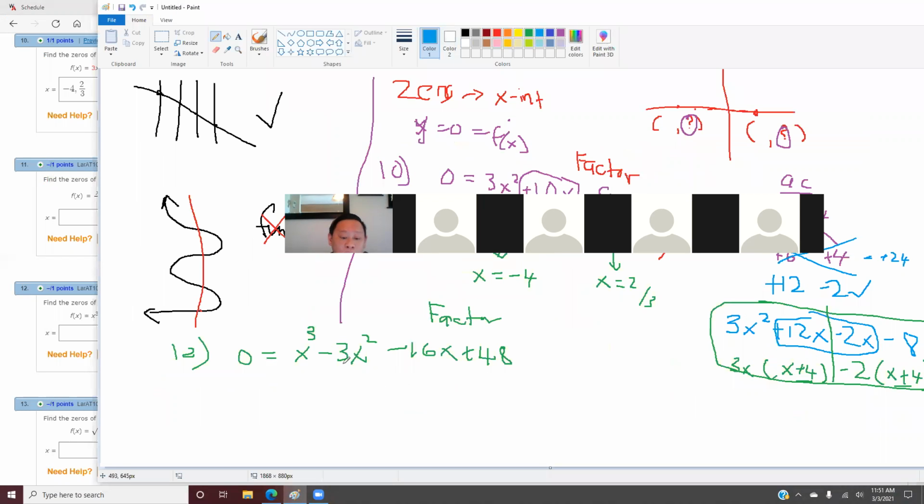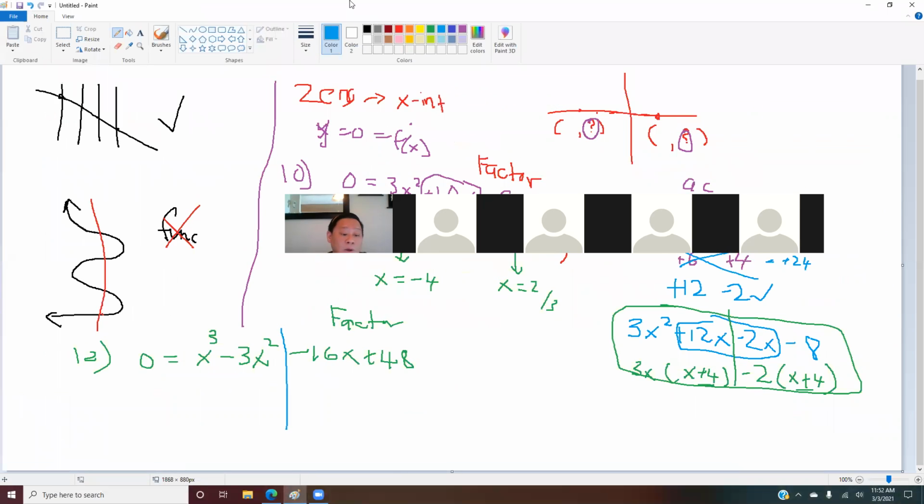Break this into 2, like what we did over here. Find what is in common here and what's in common here, and then your answer should be a factor. Go ahead and do this. You need to know how to do factoring. This is what you learned in 970. If you don't know how to factor, you're going to have a hard time in my class.